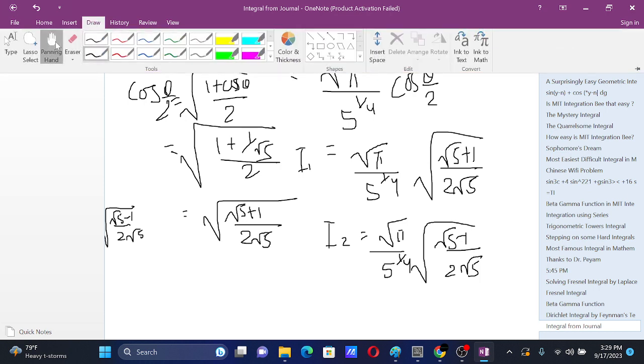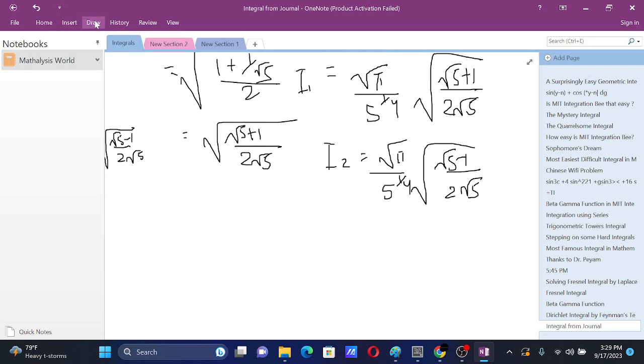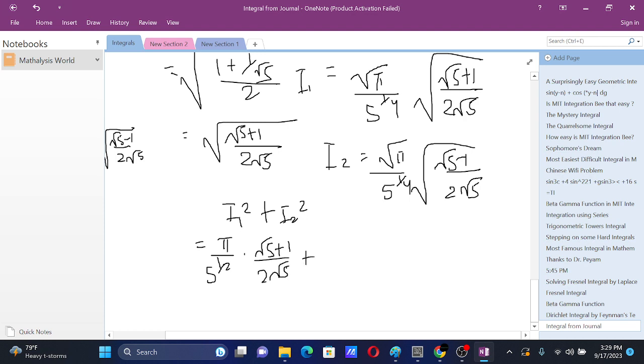Okay, so now we have to add them, I1 square plus I2 square. So I1 squared will be pi by 5 to the power 1 by 2 times (root 5 plus 1) by 2 root 5, plus I2 squared will be pi by 5 to the power 1 by 2 times (root 5 minus 1) by 2 root 5.